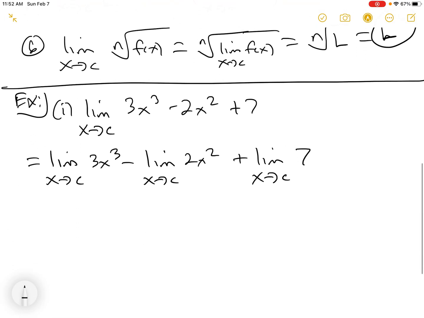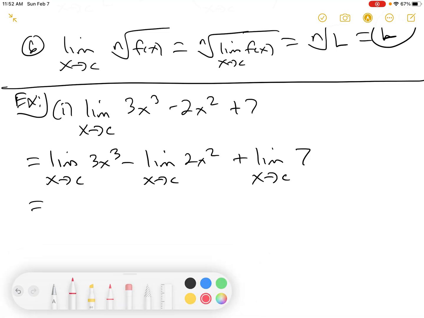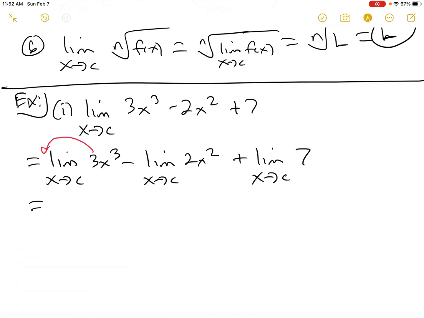And for each of these limits, there's a constant. So we'll take this constant here and get some color going, right? This is the k from above, so that's going to come out front here. And similarly, that guy's going to come out front here.